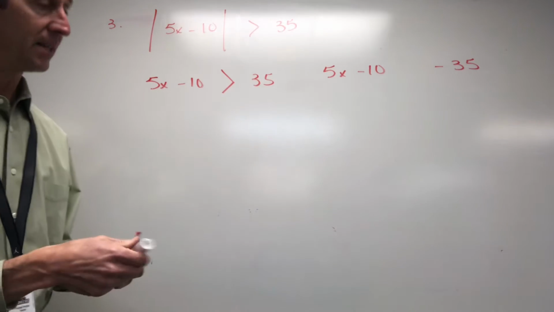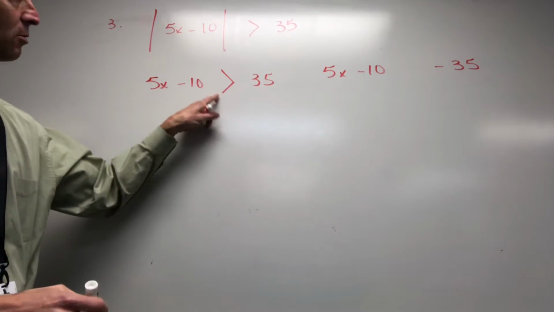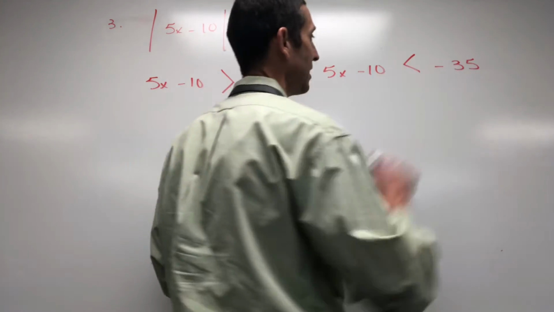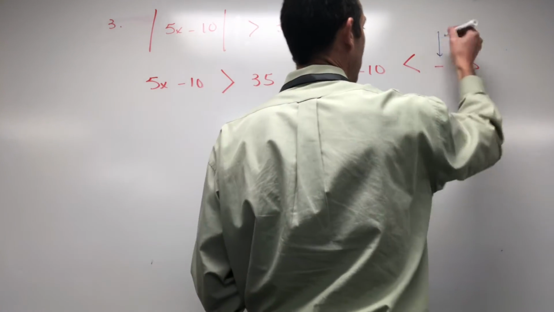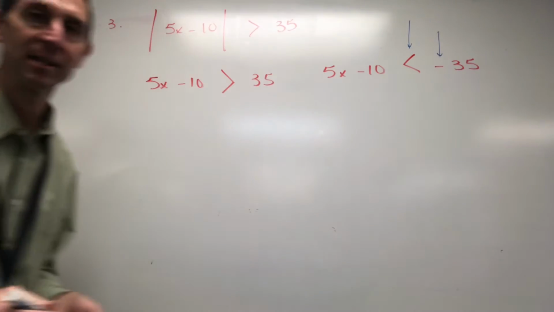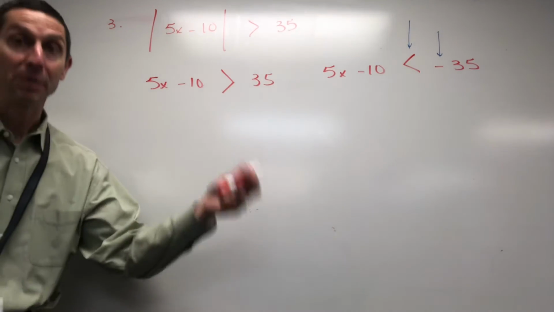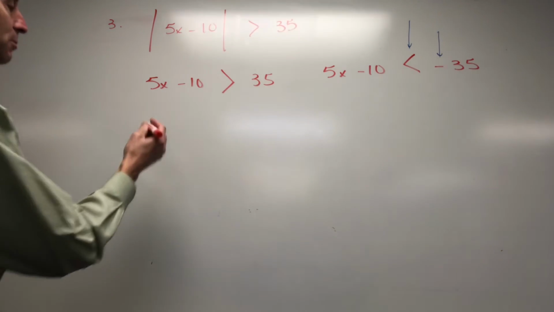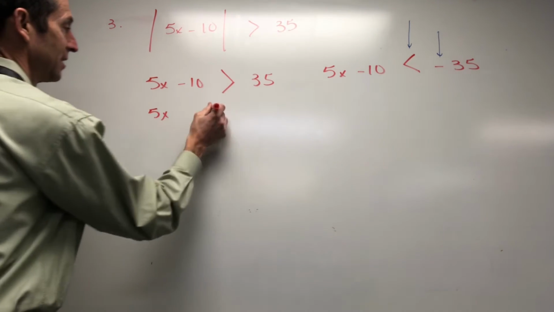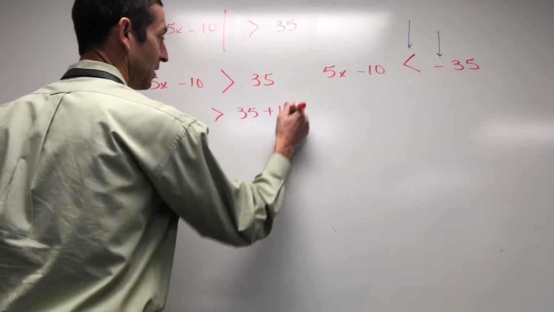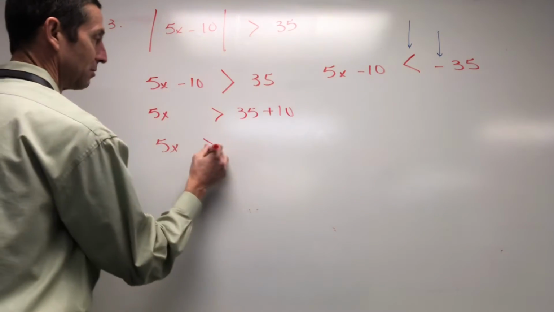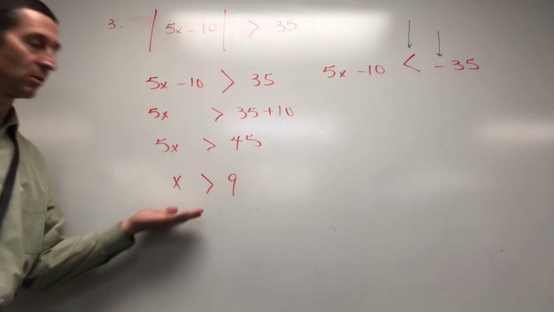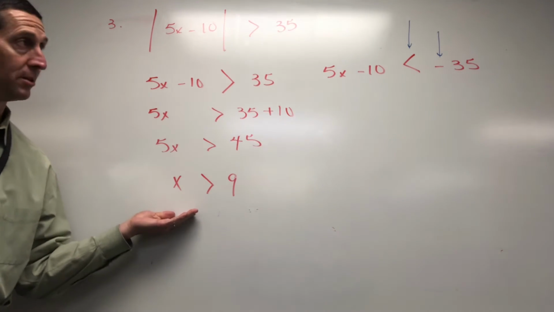If you brought in a negative sign, what was greater than now changes to less than. We brought in the negative, so we have to remember to change that sign. Lots of people forget to change the sign. Don't be that guy. Then you just do some algebra. So you got 5x greater than 35 plus 10, 5x greater than 45, x greater than 9. So here's your first answer, x greater than 9.